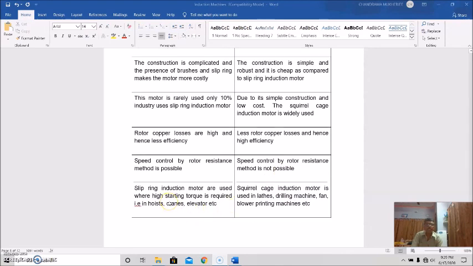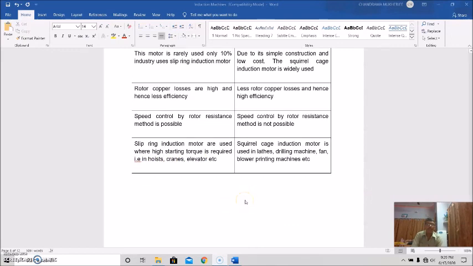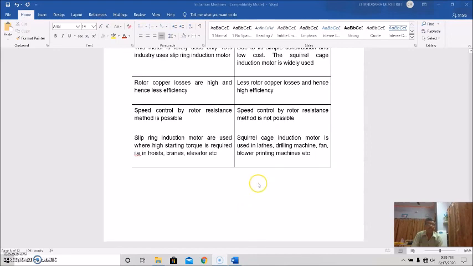Slip ring induction motors are used where high starting torque is required, in hoists, cranes, elevators, etc. And the squirrel cage induction motor is used in lathes, drilling machines, fans, blowers, printing machines, etc.